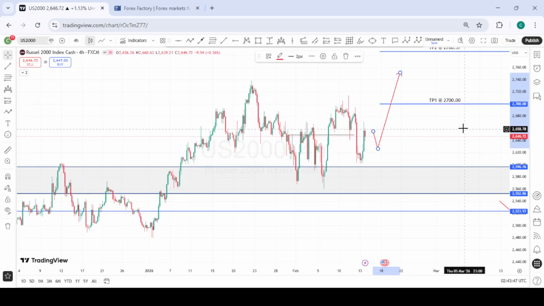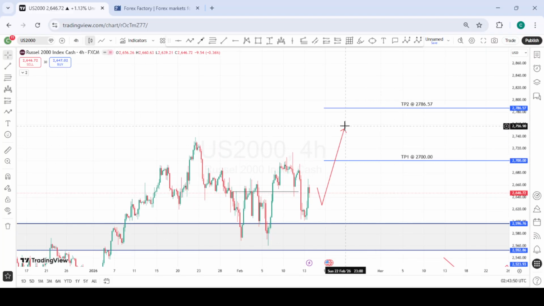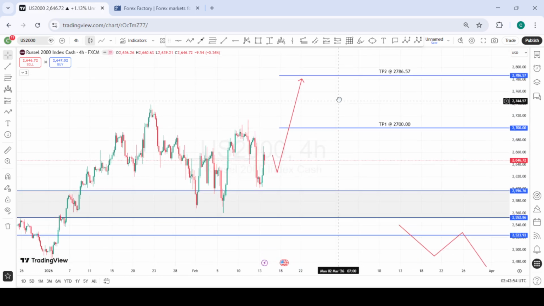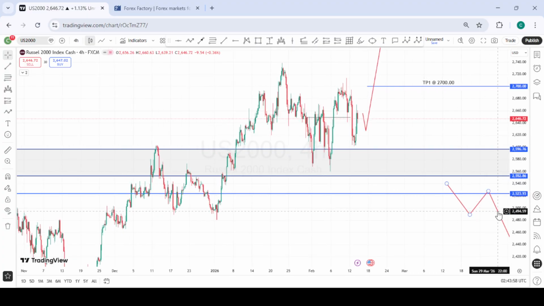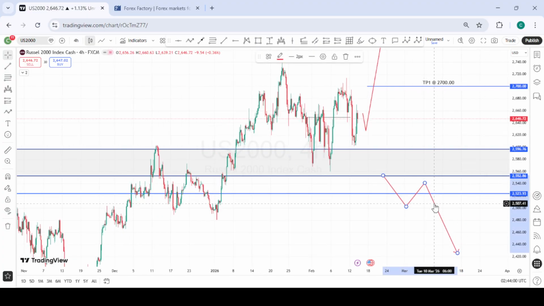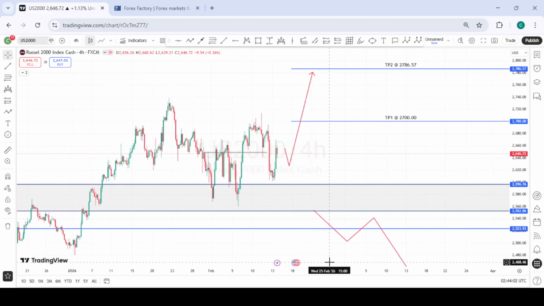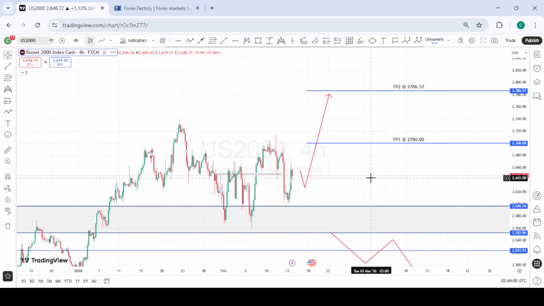So for Russell 2000, it's extremely bullish now. So we are going to be more interested in the buys than the sells for Russell 2000. This can only shift bearish if price breaks below the second zone we have below here and continues to the downside. So then we are extremely bullish for Russell 2000.